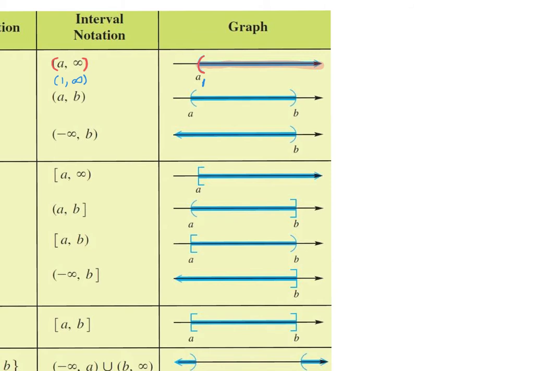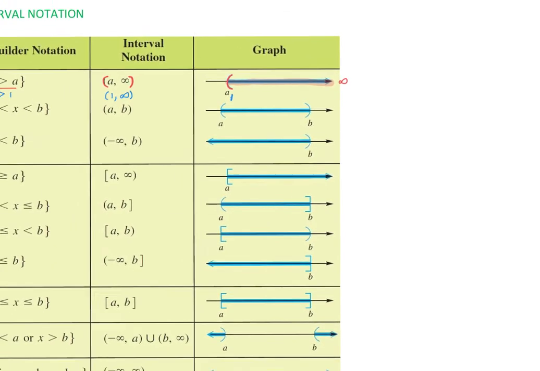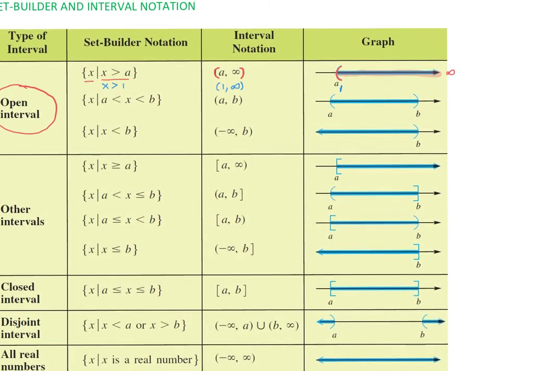So although we don't write it on our graph, that arrow at the end means we're going to positive infinity. Okay, so let's zoom out a little bit. We have our set builder notation, translate that to interval notation, translate that to a graph.